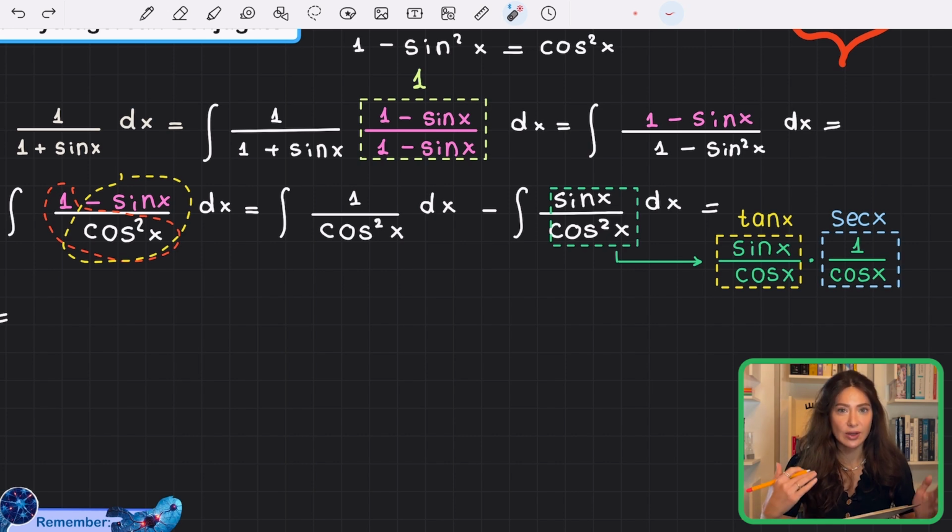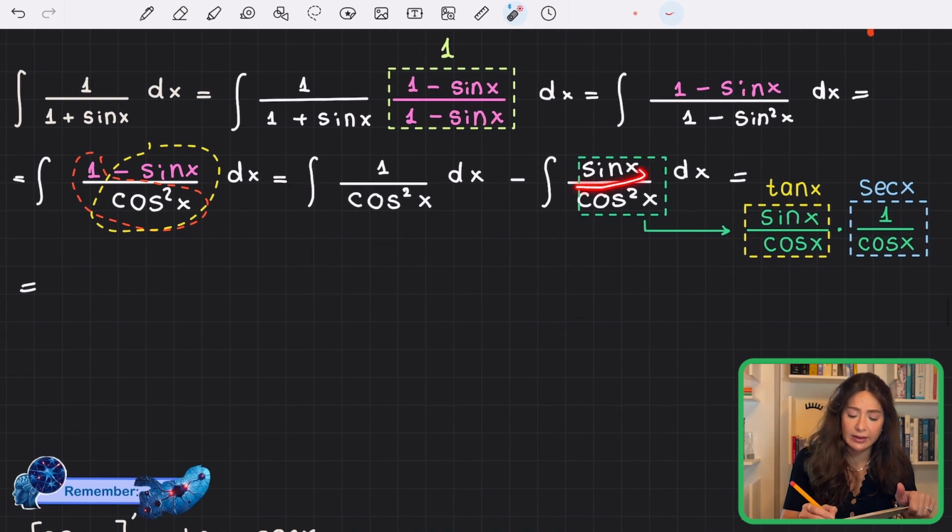Well, that's sine x over cosine times cosine, because that's what square is. It's two of them, right? 2 cosines in the denominator. So what you have is sine x over cosine x times 1 over cosine x. Well, you write this separately: sine over cosine, that's tangent x. 1 over cosine, we already said that, it's secant x.